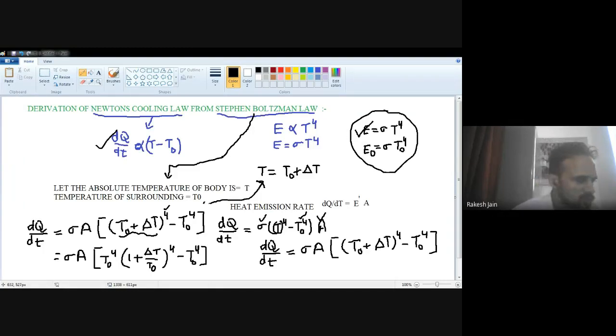So T0 raised to the power 4 is common, then (1 + ΔT/T0) raised to the power 4 minus T0 raised to the power 4.